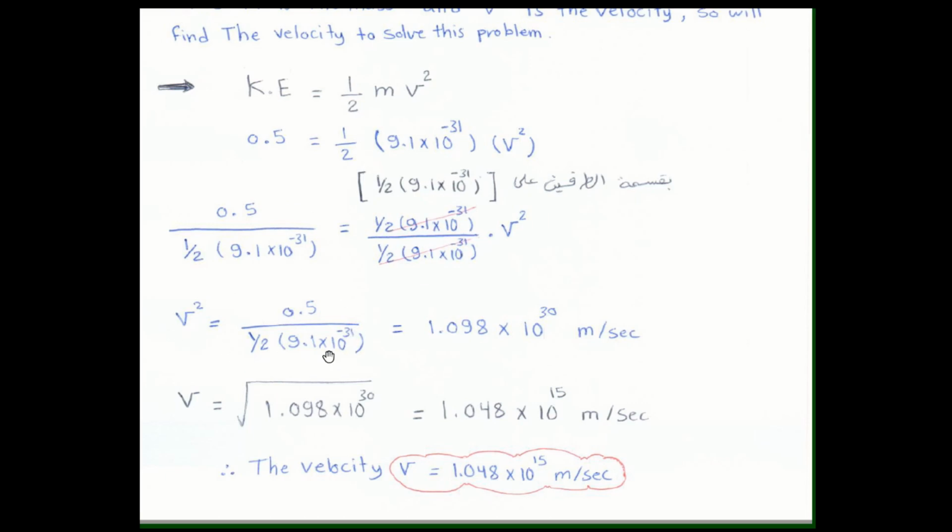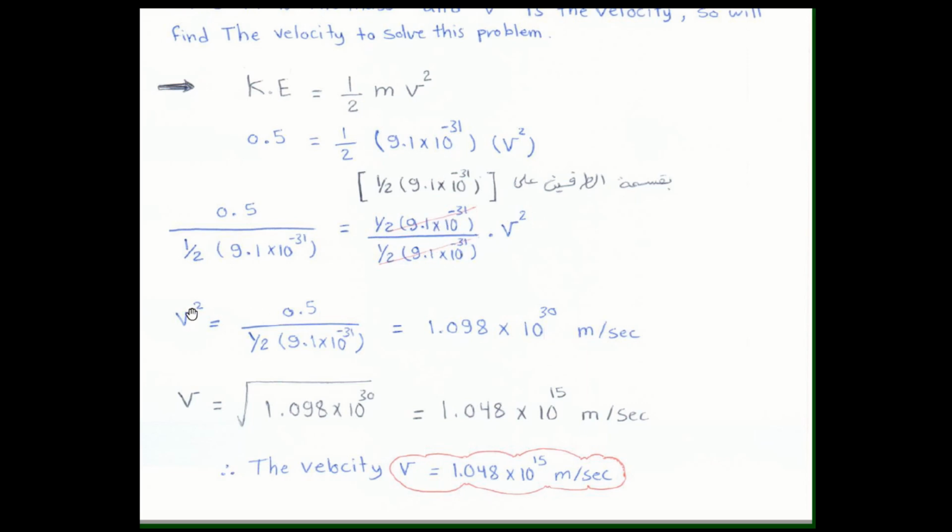So why do we divide both sides by this? Because we want to remove the values on the velocity side to make it easy for us to find the value of the velocity.